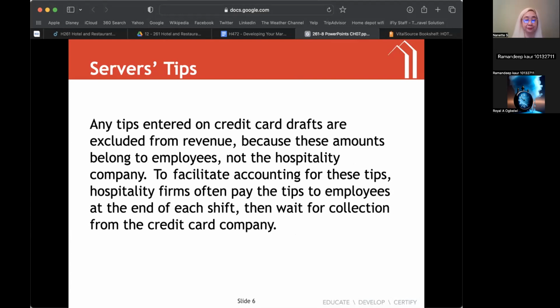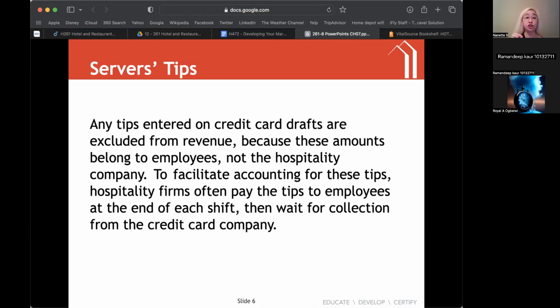Right. So, especially here in Canada, there is a tipping culture, right? So, at the end of any transaction, if you go to a restaurant or a hotel or a salon that gives service, you will be prompted if you want to give 15%, 20%, 25% tip, or you can choose an amount.